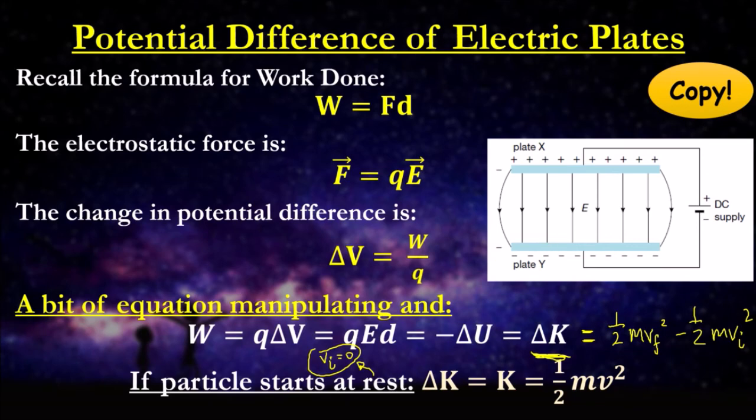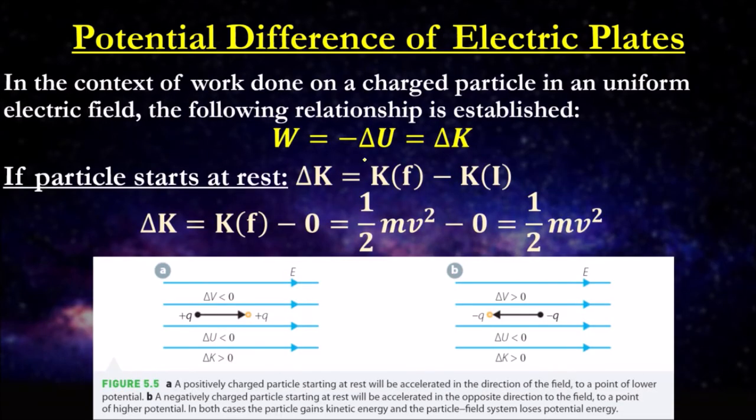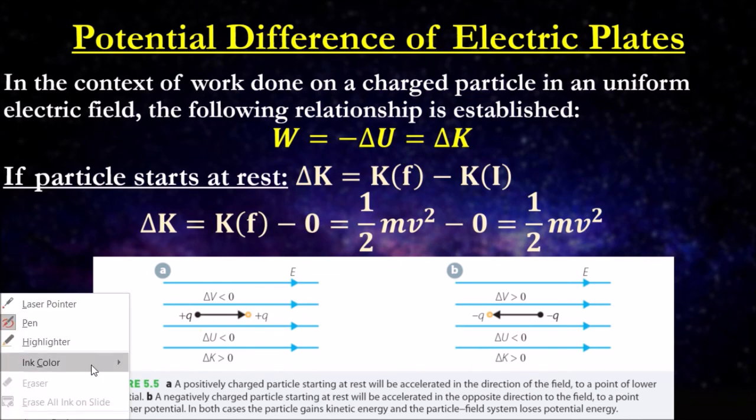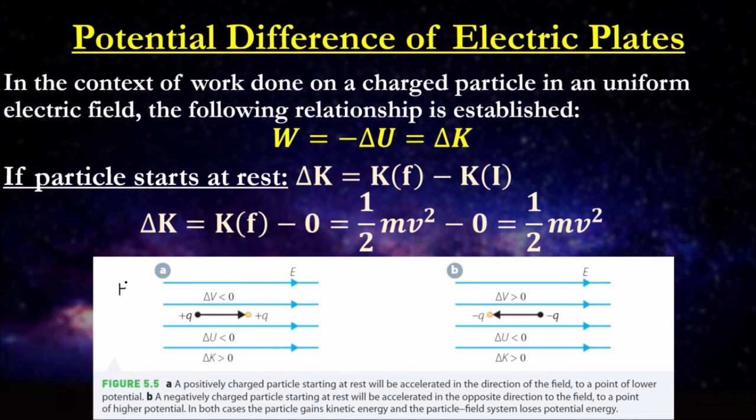Okay, on the next slide, we also express the same idea to show this relationship here. Just remember, if we are moving the charged particle from the high potential end to the low potential end, so we go from high to low, we are losing potential energy.